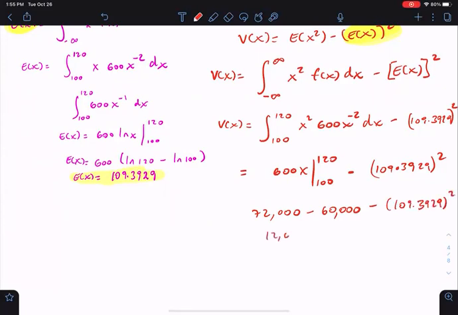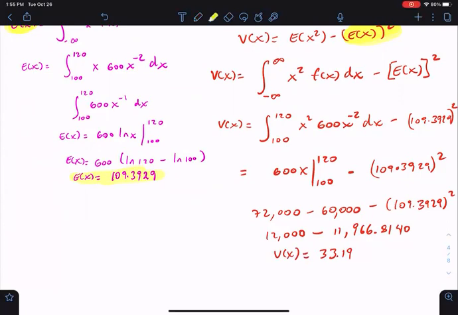So this is 12,000 minus whatever this is, right? So 109.39 squared is 11,966.8140, and 12,000 minus that number, we get 33.19. So this is the variance.